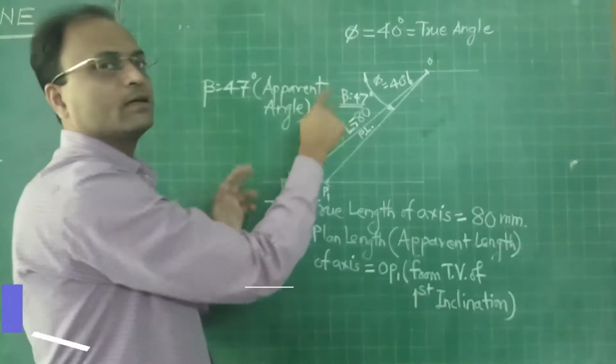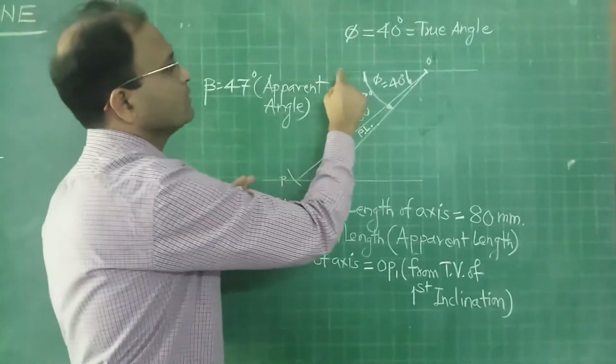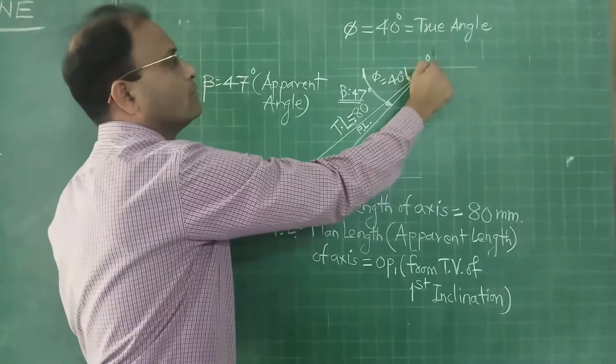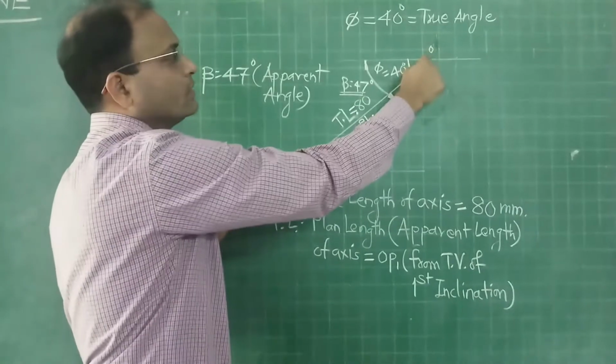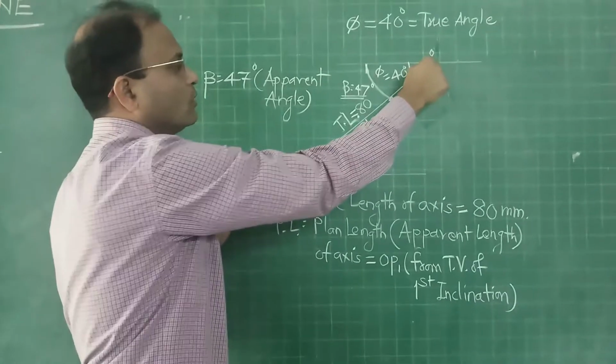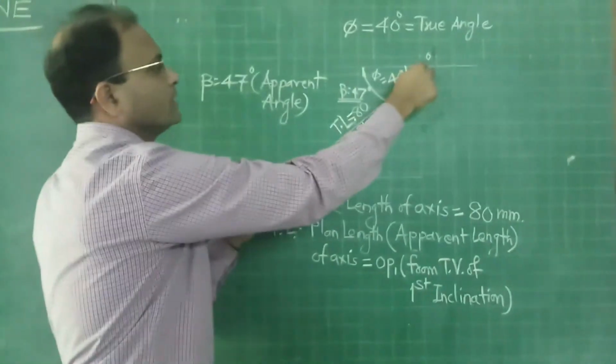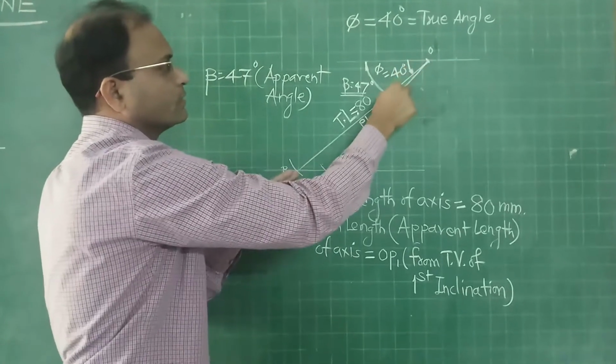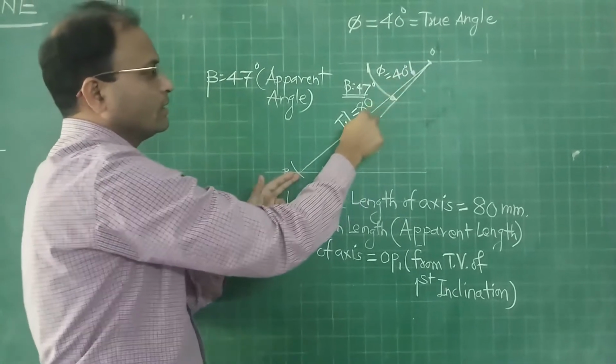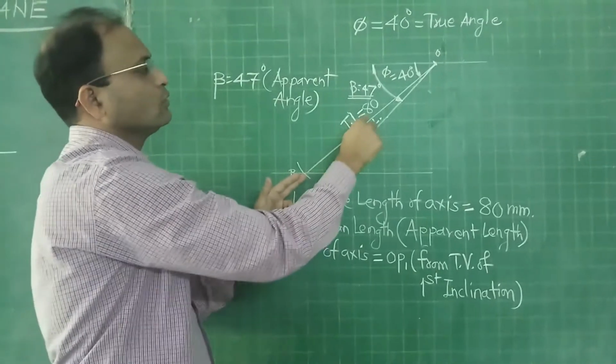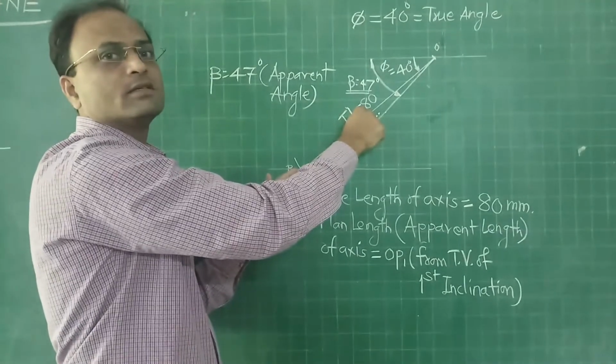Now how is this apparent angle to be found out? For that purpose we first of all draw a horizontal line and mark point O somewhere. Then from O along the true angle, first we take a line at an angle of 40 degrees, which is the true angle, and then along this true angle we mark the true length of the axis. The true length of the axis is 80 mm.